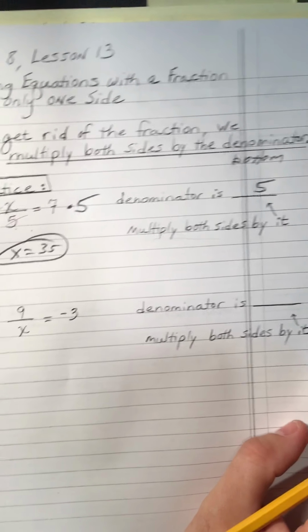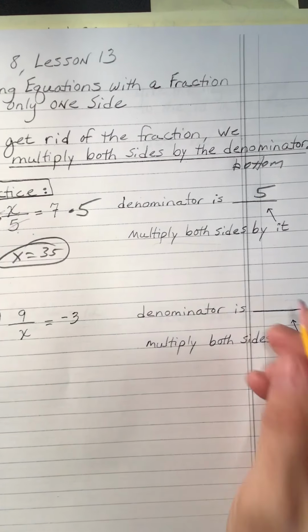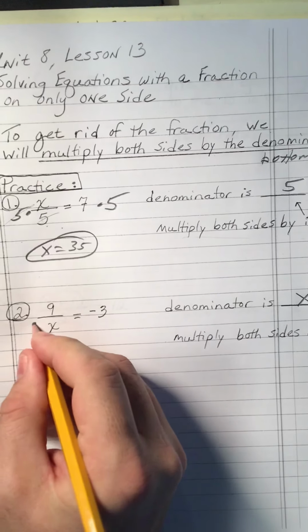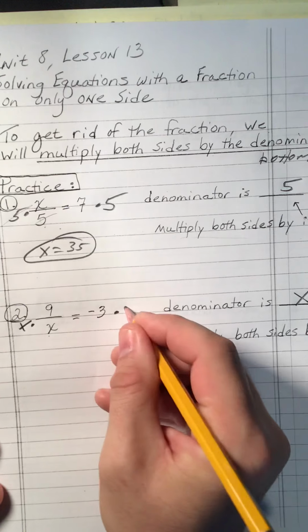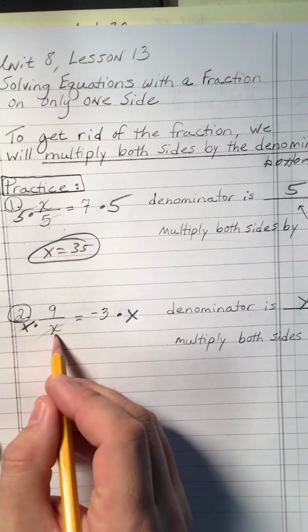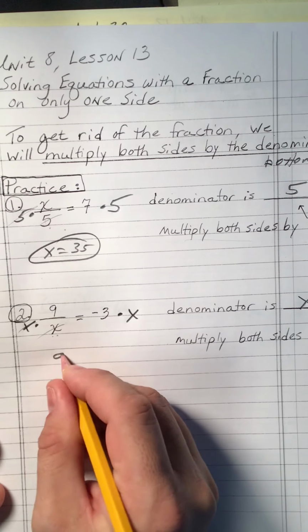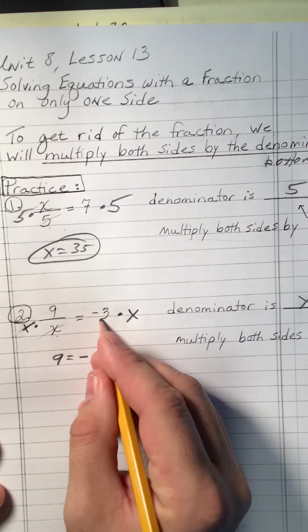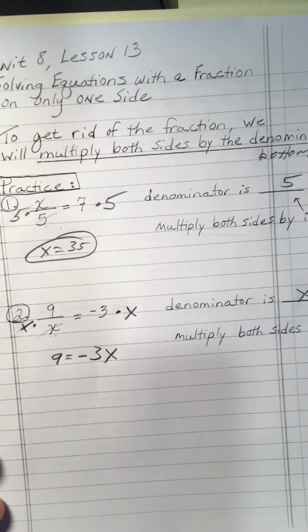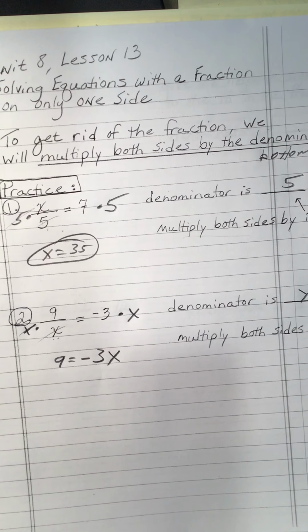Next one, a little trickier. It's got one extra step because the denominator is x. The bottom is x, so I have to multiply both sides times x. Again, over here they just disappear. x divided by x is 1, so I'm just left with my 9 equals negative 3 times x. What that did is it got rid of the fraction.